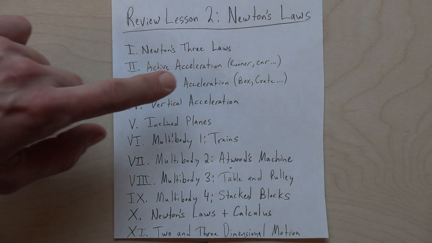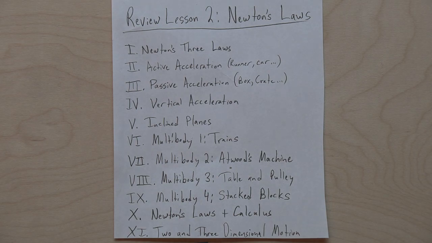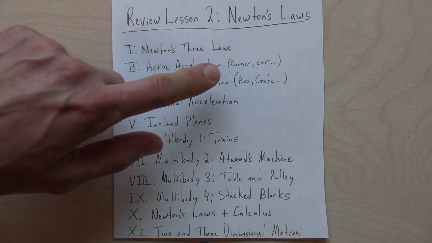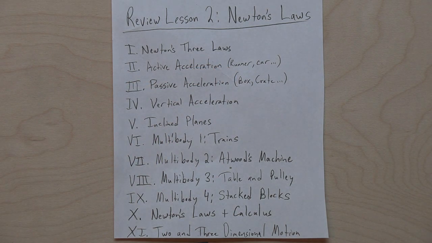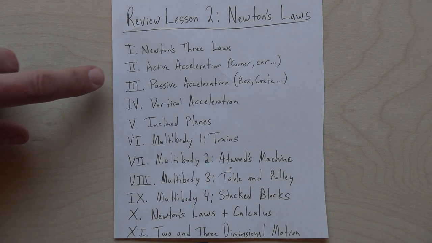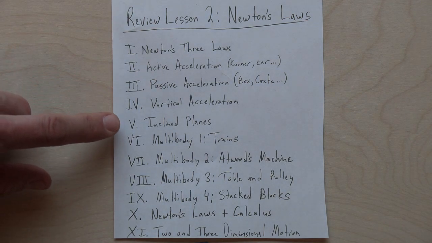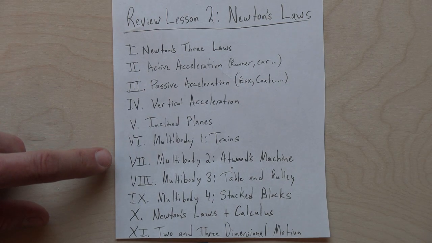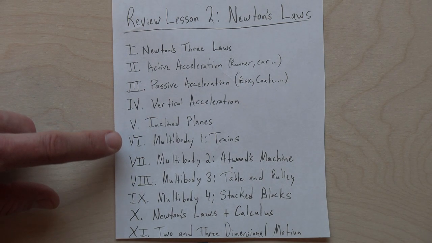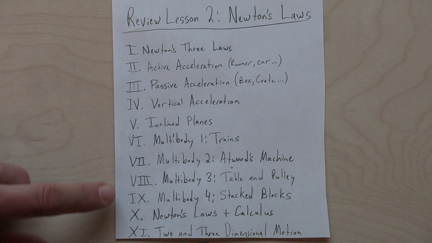But instead of a runner, we could pick any animal, a horse, for example, or any machine like a car, motorcycle, or bulldozer that has its own means of acceleration, either muscles or motors. Then passive accelerations, vertical acceleration, inclined planes, different kinds of multi-body systems, trains, Atwood machines, and so on and so forth.